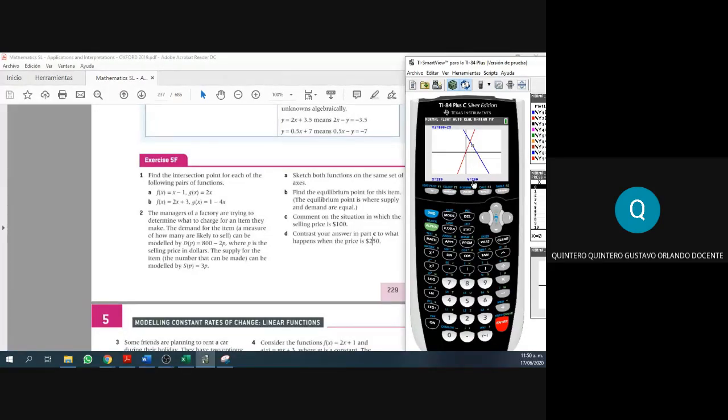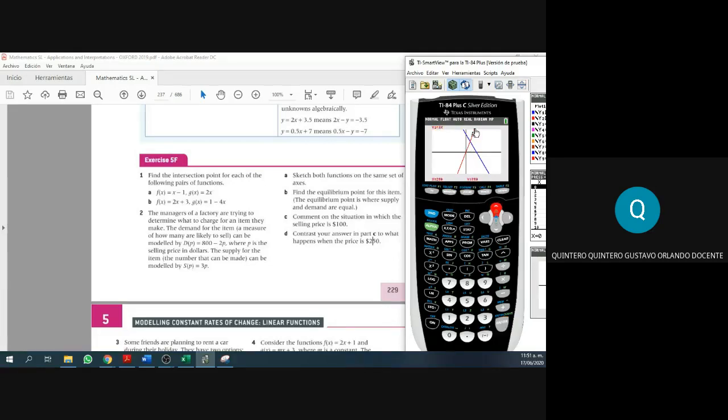If each item costs $250, we only have a demand of 300 items.